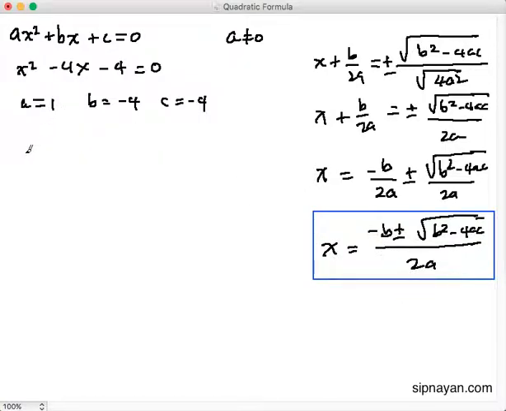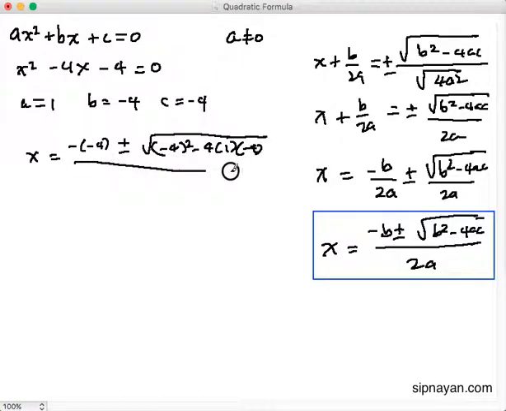So, magiging x is equal to negative b. So, that is negative of negative 4 plus minus square root of negative 4 squared minus 4 times a, which is 1, times c, which is negative 4, all over 2a. So, pag in-compute ko na yan, yun yung value ng x ko.